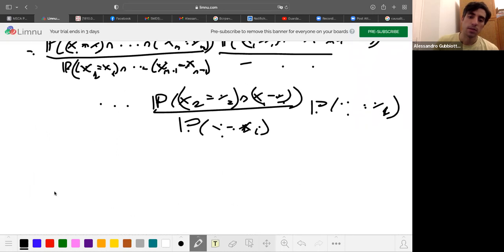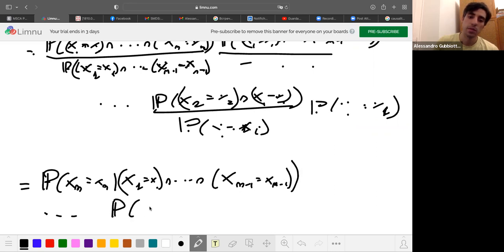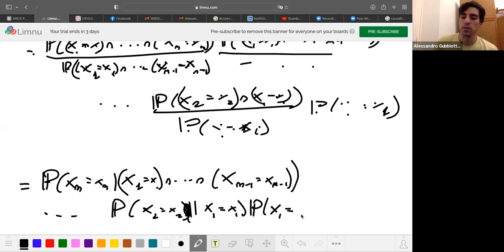So this is equal to the probability of Xn being equal to little xn, given that X1 is equal to little x1 and etc. and Xn minus 1 is equal to little xn minus 1, etc. times the probability of X2 equal to little x2 given that X1 is equal to x1 times the probability of X1 equal to x1.